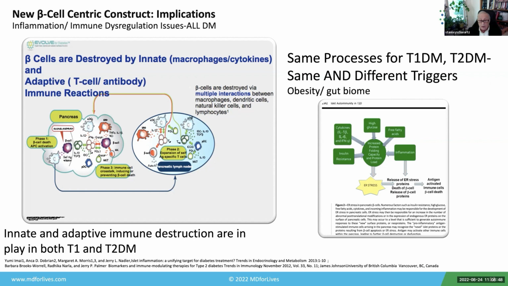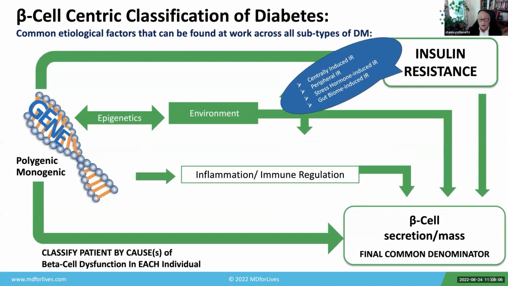On the right, you can see that the same inflammatory processes that affect the beta cells in type 1 also affect type 2 patients. We can then talk about insulin resistance. There's classic peripheral insulin resistance in muscle, liver, and fat, but there's also centrally induced resistance, stress hormone induced insulin resistance, and gut biome induced insulin resistance.